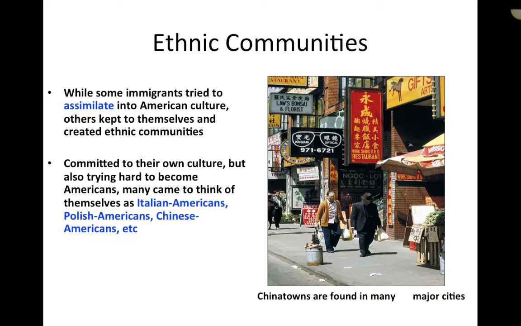So that's why we have terms like Italian Americans, Polish Americans, Chinese or Asian Americans, Mexican Americans. You don't have that in other places. You don't see German Americans or German Polish or Chinese German or German Chinese hybrids. You don't hear that because it's just not how you see the assimilation in those countries.